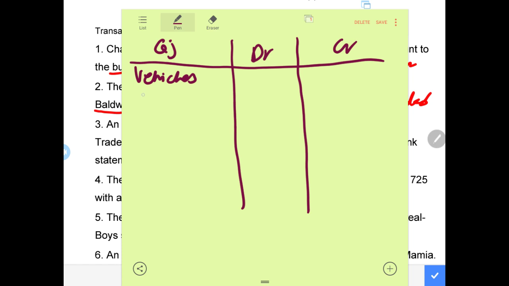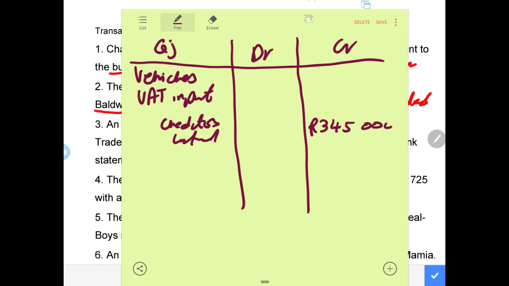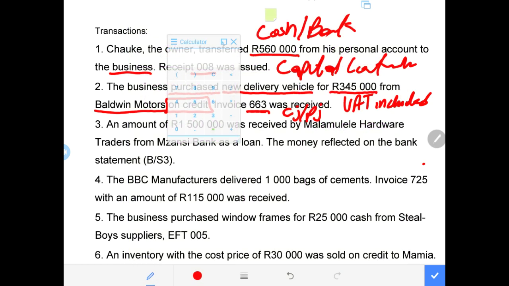Because we are a VAT vendor, we need to separate VAT input from the cost of the product. Then on the credit side we have creditors control. We are owing our creditors the entire amount of 345,000 rands.